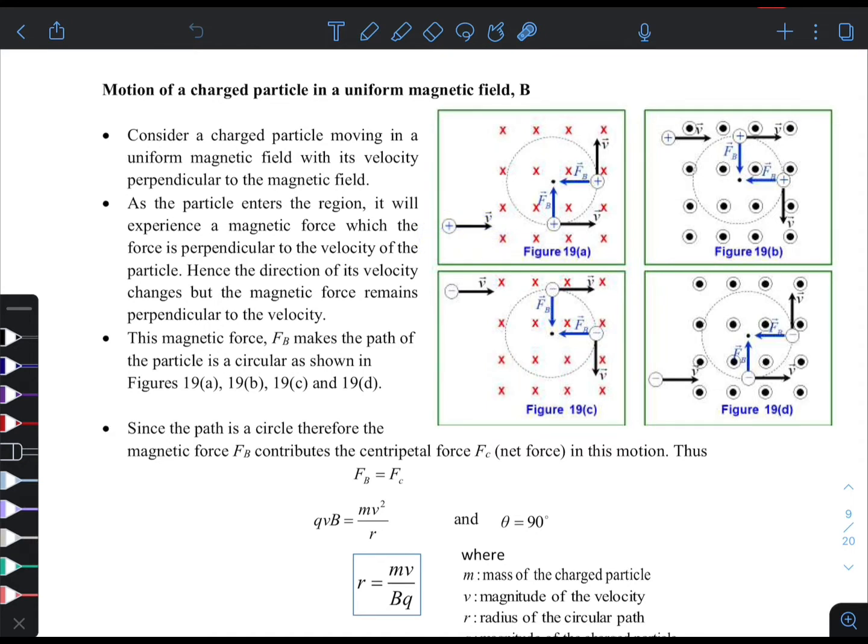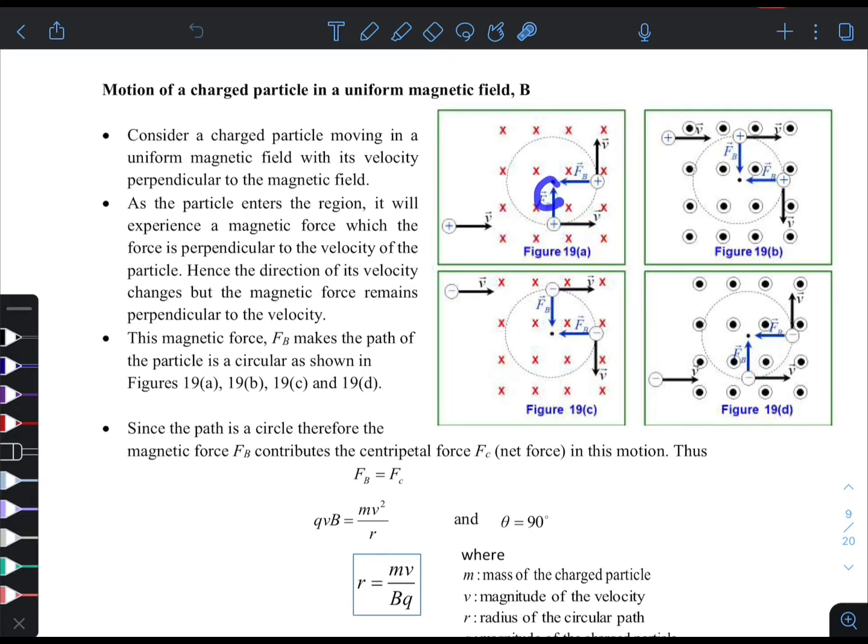Using your right hand palm rule, point your four fingers to the right as the charge is moving to the right, and then the palm of your hand is going to face into the page as the magnetic field is pointing into the page. So from here we can deduce that the thumb is pointing upwards, which means our charge, which was initially moving to the right under the influence of the magnetic field into the page, is going to experience a magnetic force upward.